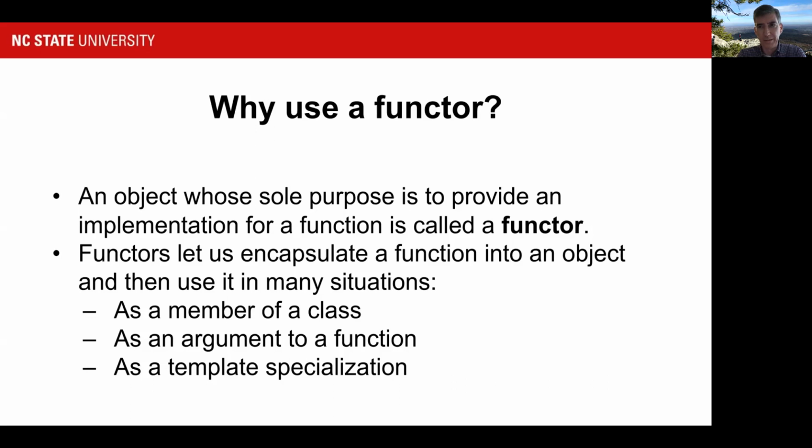An example might be that, let's say you want to implement some sort function that would sort objects from smallest to greatest or greatest to smallest, but you don't want to hard code which way you sort them into the sort algorithm. So what you do is you pass in, using a functor, the exact sort of comparison you want, either a less than comparison or a greater than comparison. So functors give us that ability to alter how something works by passing in a function as an argument. And you'll see functors get used as a member of a class, as an argument to a function, or as a template specialization in order to alter the behavior of some other class.